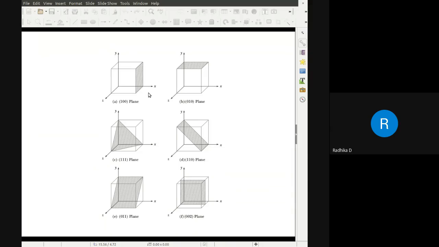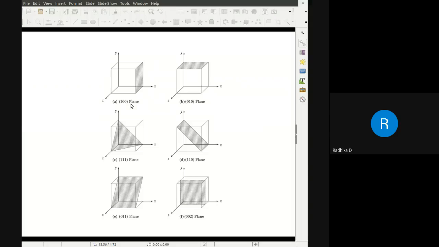The z-axis also it is not meeting. So that means it is meeting at infinity. Okay. So if you have a book, you can write down: x-axis intercept 1, y-axis intercept infinity, z-axis intercept infinity. You take the reciprocal, what happens? You will get 1 by infinity, 1 by infinity, right? What will be the value? 1, 0, 0.